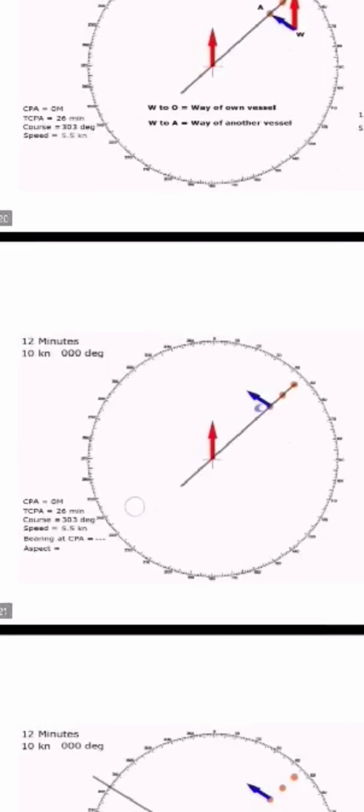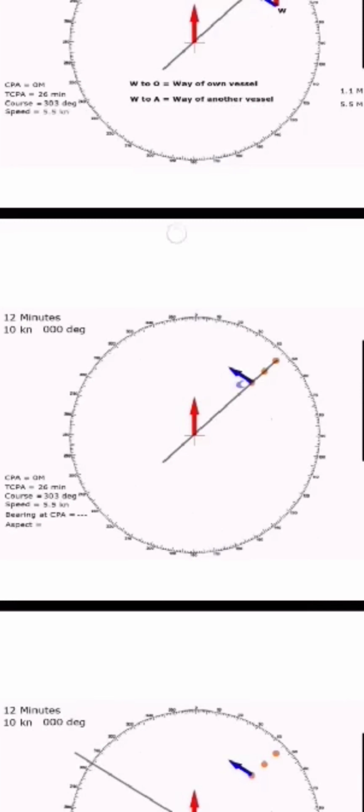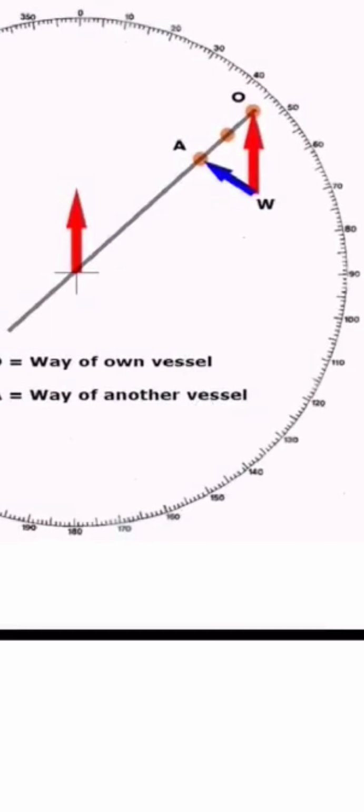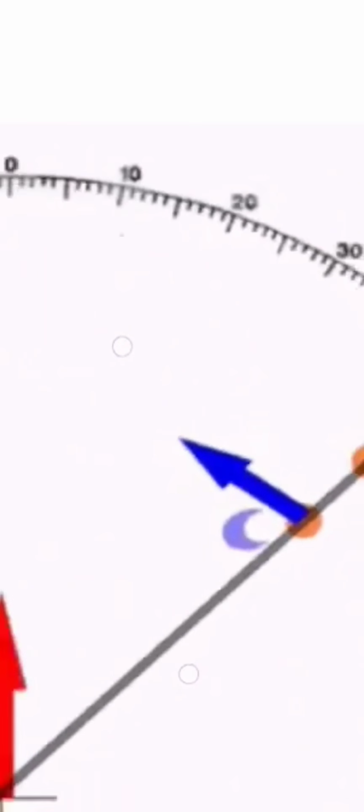The next one is the aspect. This might be a little tricky because the aspect is our bearing from the perspective of our target. In order to get the aspect, we have to move the arrow to its actual position here, as you have seen, and draw this moon sign in order to get the angle.